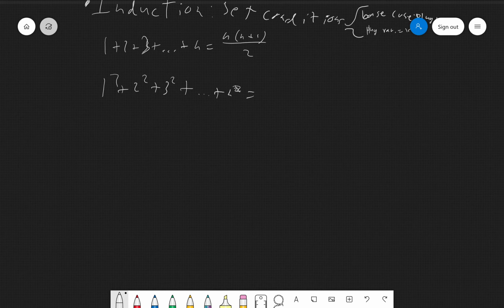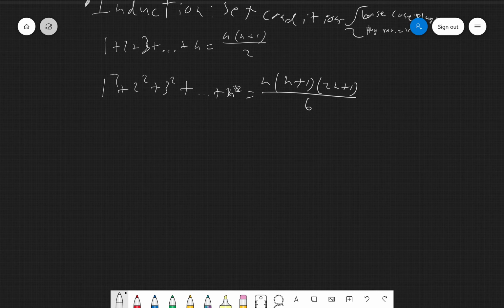And that's going to equal n times n plus 1 times 2n plus 1 over 6. So now, how can we prove that? The problem is that if you didn't know this, you can't really use induction because you didn't know that this is true.